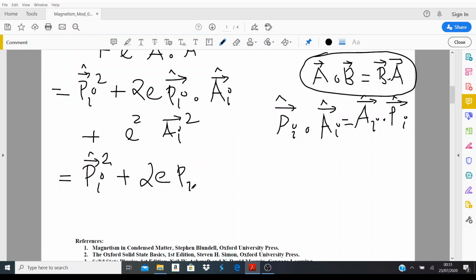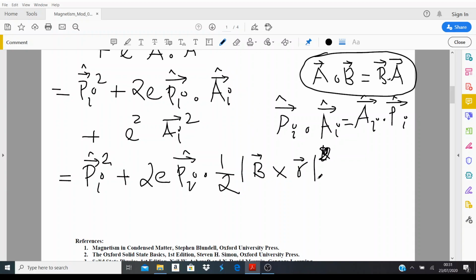We have pi here, and in terms of this A_i, we know from the last lecture that the magnetic vector potential is given by the cross product between the magnetic field and the position vector. Sorry, there is no square here.